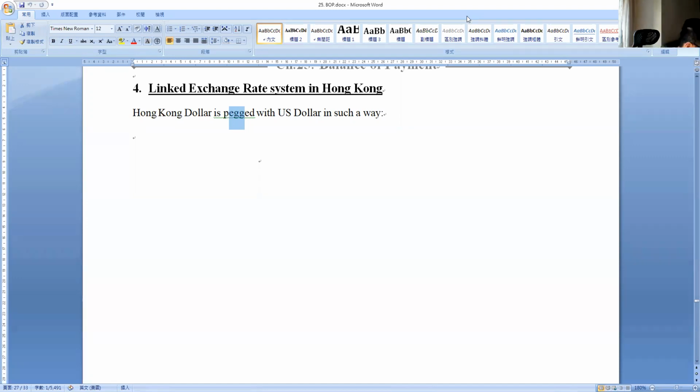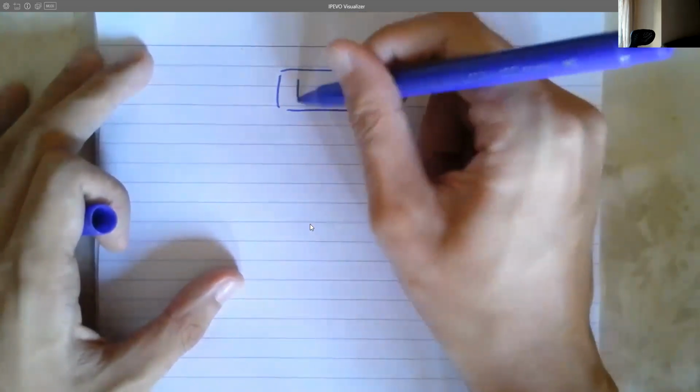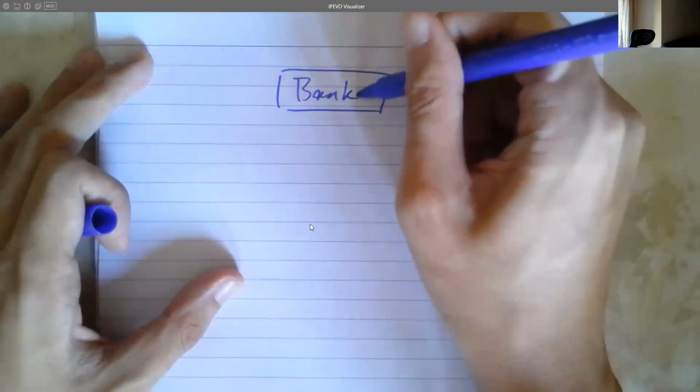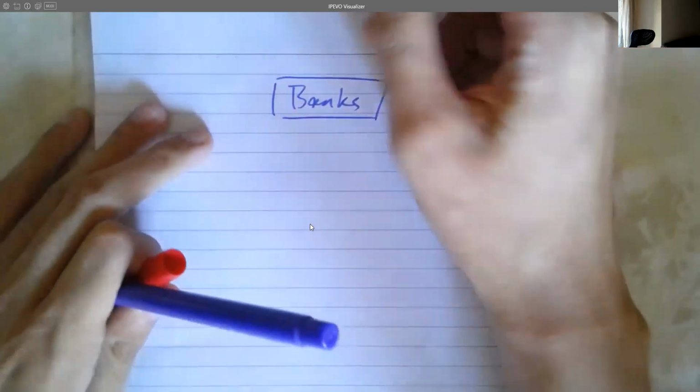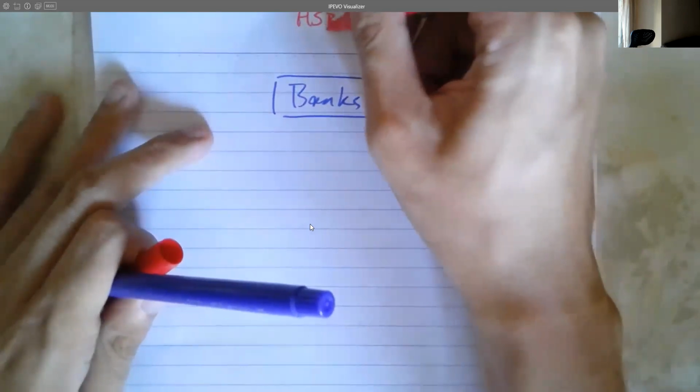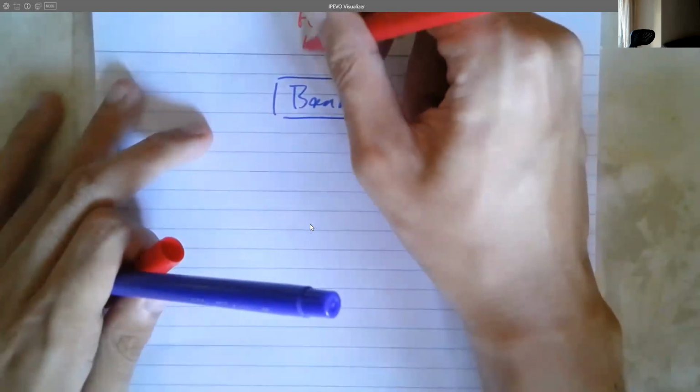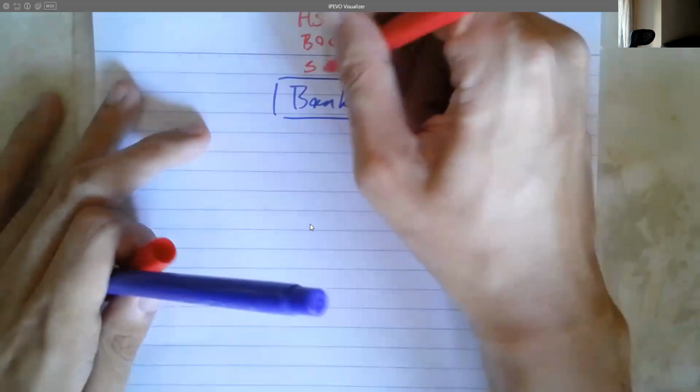Now, first of all, the first thing you need to know is that the system runs on two ends. It doesn't run on one end only, but on two ends here. In the middle part, we have banks, more specifically, the three currency issuing banks: HSBC, Bank of China, and Standard Chartered.